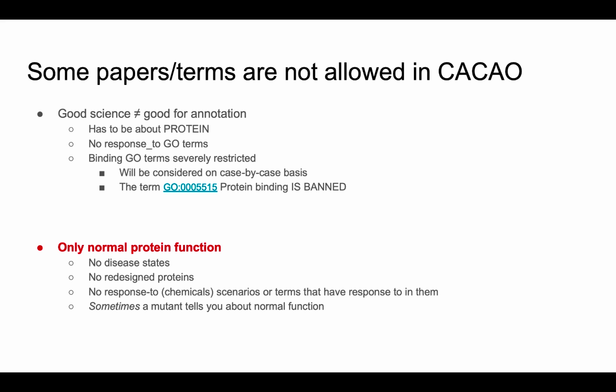That's not what its evolved function is, so that's not what we're trying to annotate. The other thing is, maybe someone has done a really great study on evolving a protein to be better at making hydrogen gas so that we can have more biofuels and not have to burn so much coal and oil. That's fine, but we can't use that for annotation either because that's not the normal protein. It's an evolved protein.